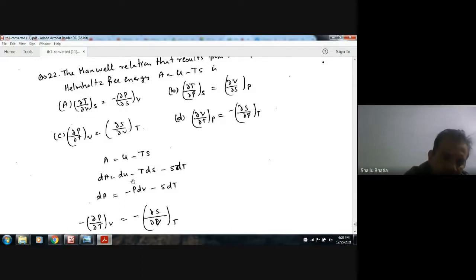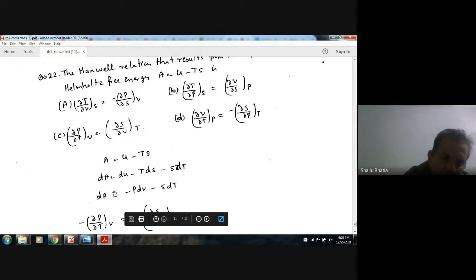Now dU is such that TdS equals dU plus PdV, so dU minus TdS is equal to minus PdV. So dA equals minus PdV minus SdT.